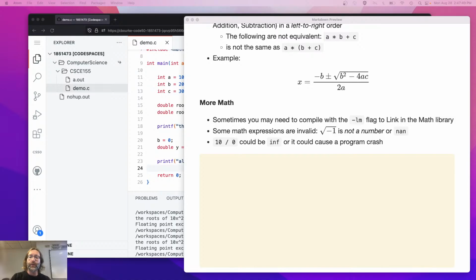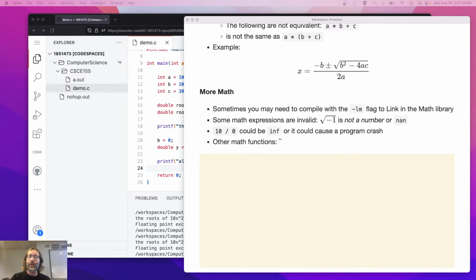Other math functions. We've already seen square root and pow, which is power. But you also have other things. If you just look on your calculator, the common things would of course be sin, cosine, tangent, etc. Why didn't they write them out?